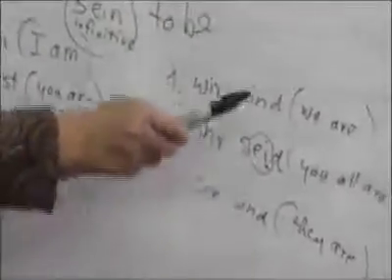In the plural in English, it's always are, but in German, again, you have different types of words. Sind for we and they, ihr is seid. Okay, so let's go over it again. Let's pronounce it. Ich bin, du bist, er ist, sie ist, es ist, wir sind, ihr seid, sie sind.